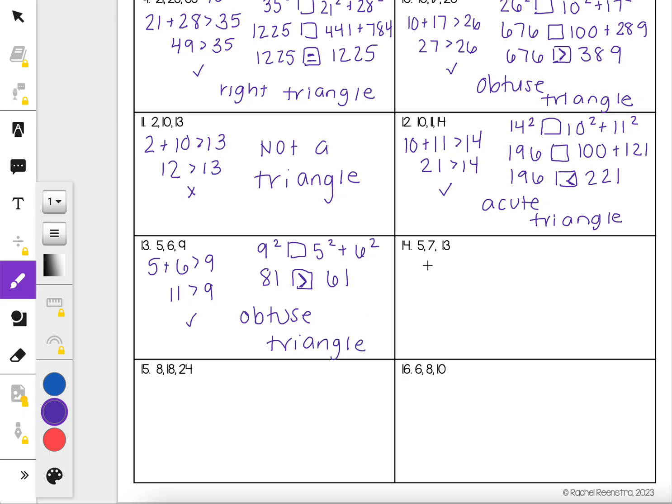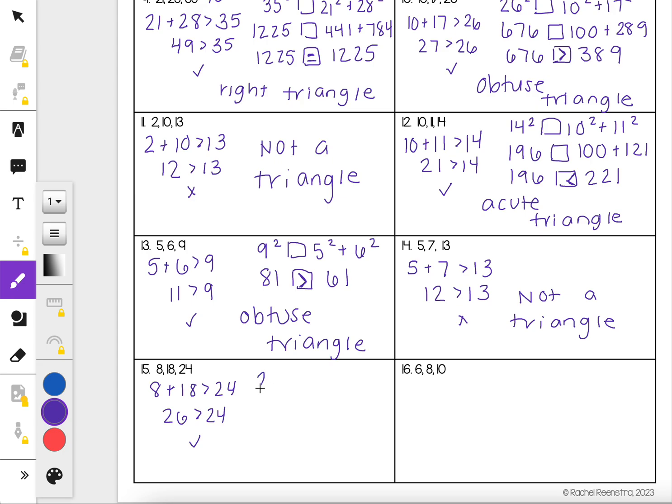Okay, number 14, this one is actually not going to be a triangle. So 5 plus 7 is 12. 12 is not greater than 13, so this is not a triangle. Okay, for number 15, this is a triangle, so I have 26 is greater than 24.